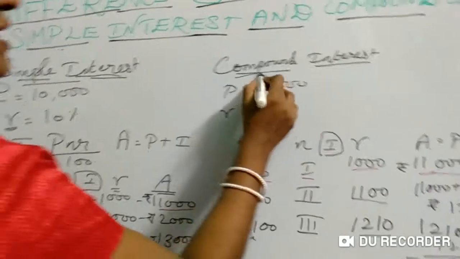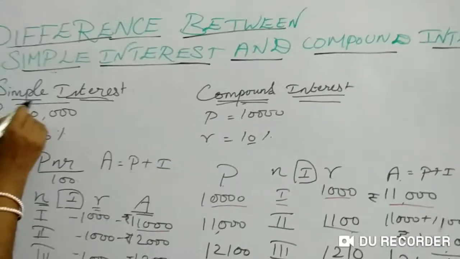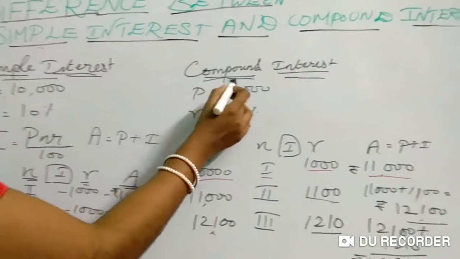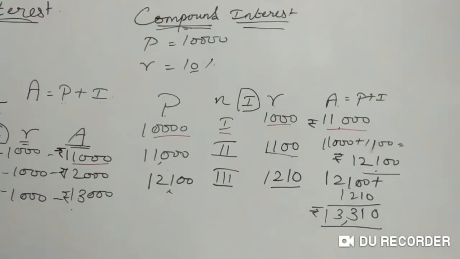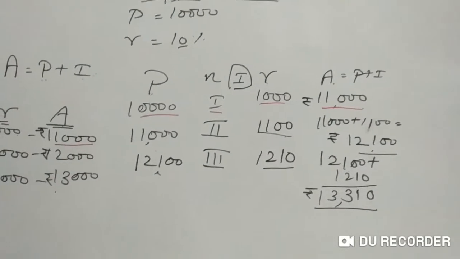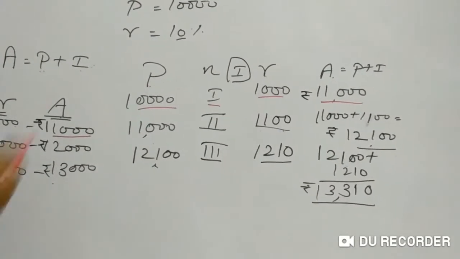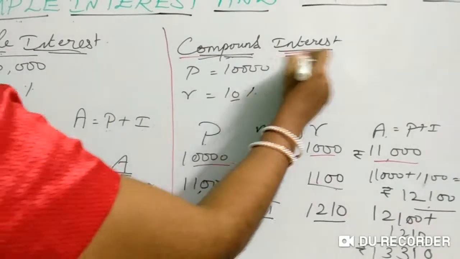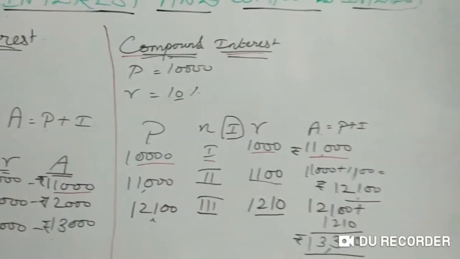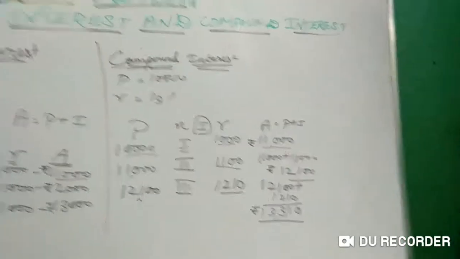So for a lender, in compound interest they are getting more benefit. So most financial institutions follow compound interest in most places, because only in that can they gain more.